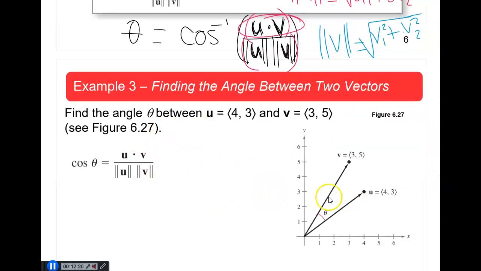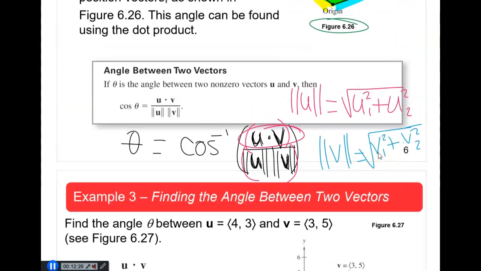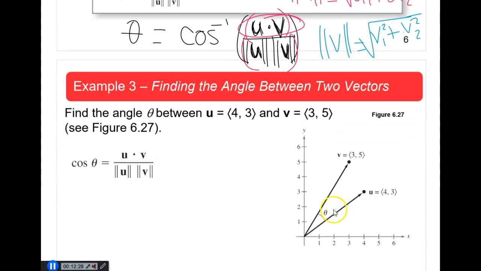So we have two vectors here, vector u and vector v. And we are going to find the angle that is in between them, for example 3. So first of all, let's go ahead and divide our slide like this. First we need to find the dot product of u and v.